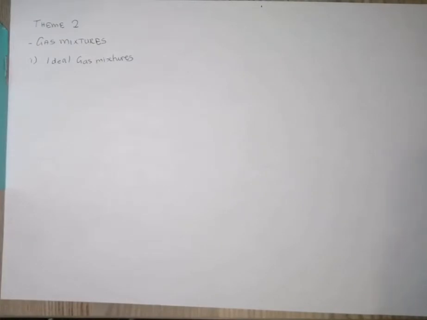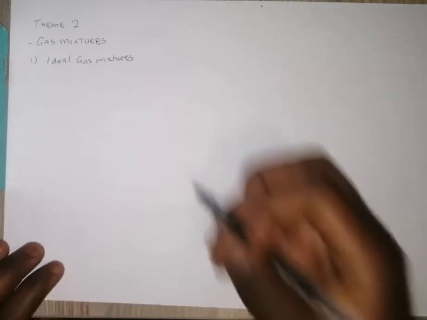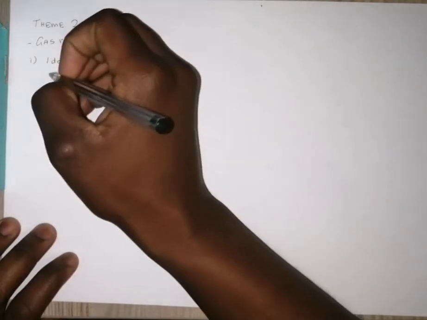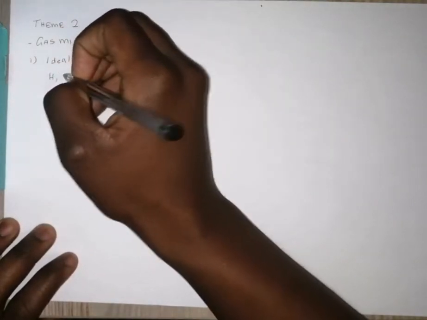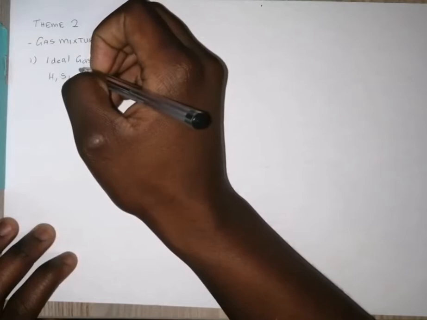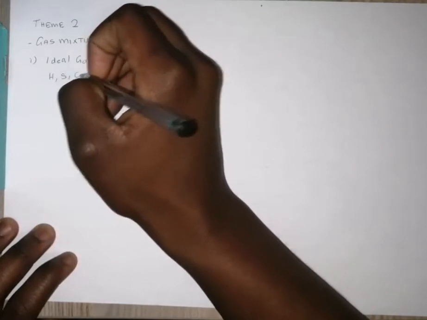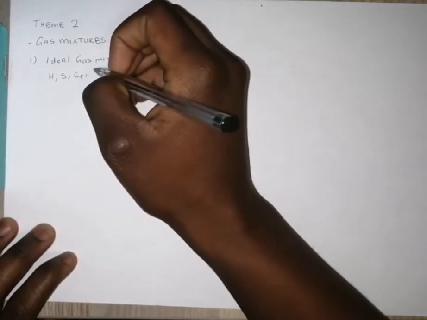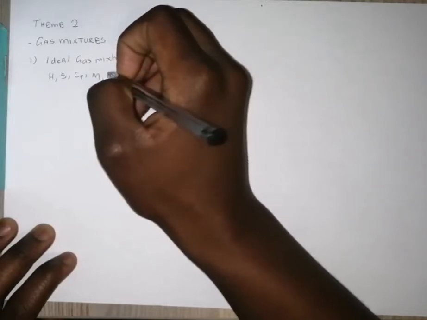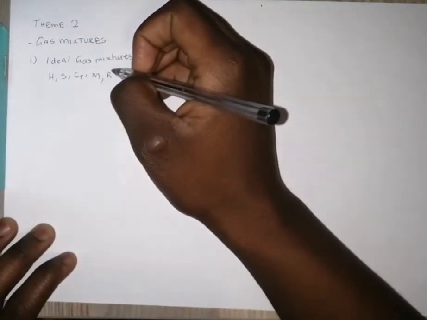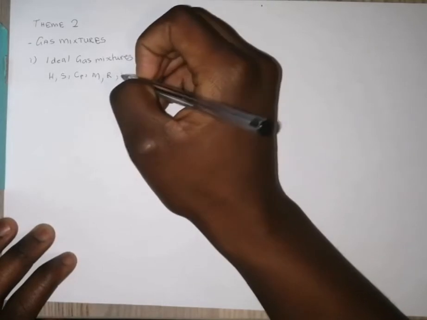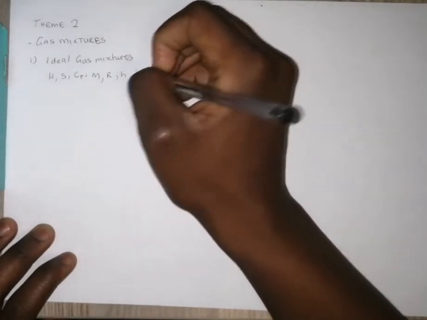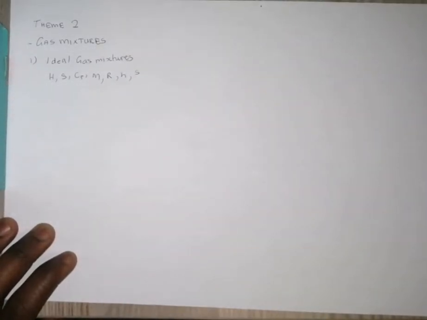So for ideal gas mixtures, whenever we start looking at ideal gases, what we're supposed to remember is that, whether ideal or non-ideal, these gases have properties. These properties include the enthalpy, the entropy, the Cp, the molar mass, specific enthalpy, and specific entropy.